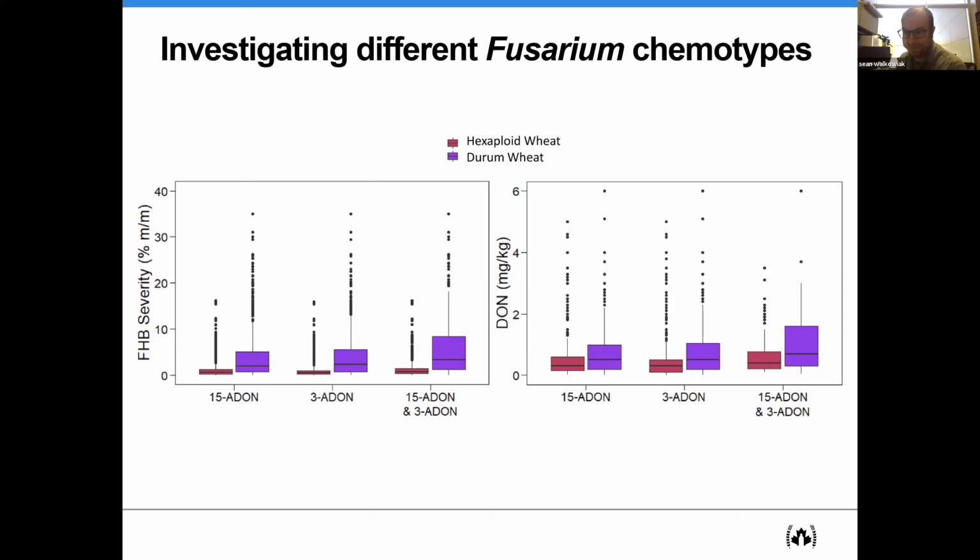Each is individually inspected and assessed for DON. You can see that there's a large range in the severities that we observe, but generally durum wheat is a little bit more severe than bread wheat. And this correlates with an increased level of this toxin appearing in the grain as well.